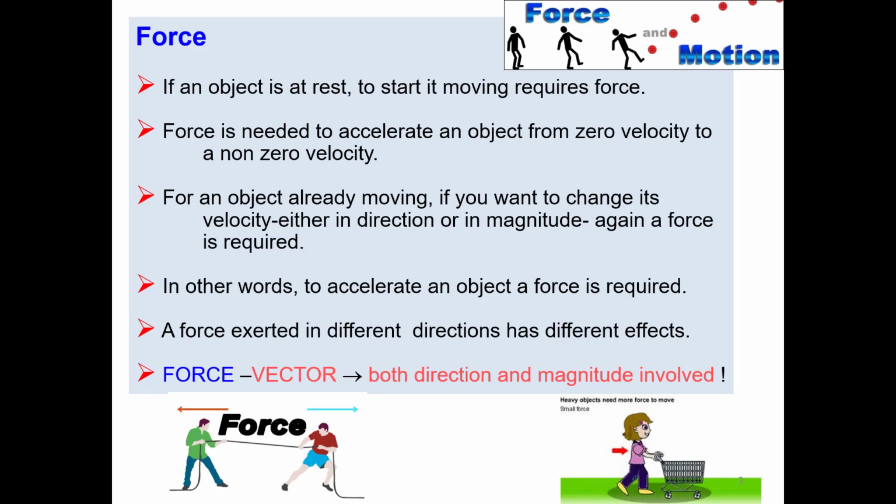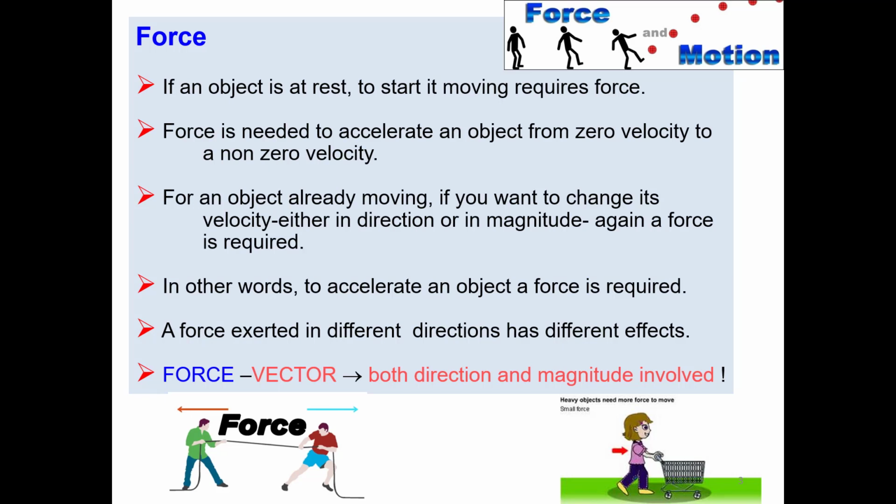Also, if the object is already moving, a force is required to change the magnitude or the direction of the velocity. This means that if the object is already moving, a force is needed to stop the object or to change its direction. Change in velocity, either magnitude or direction, is related to acceleration.